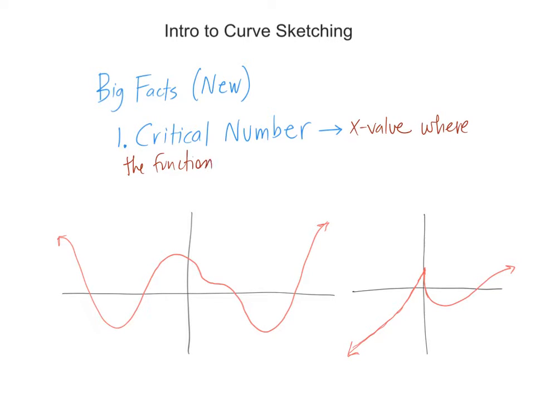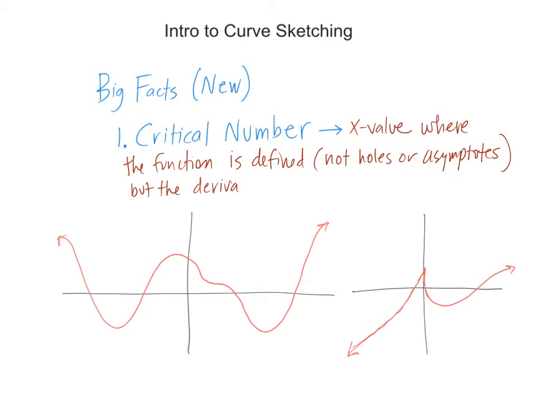So we're not talking about holes or asymptotes. So we want the function to be defined, but it's a value where the function is defined, but the derivative is 0 or undefined.